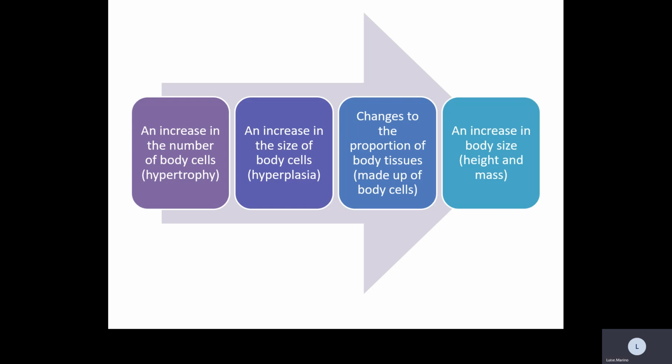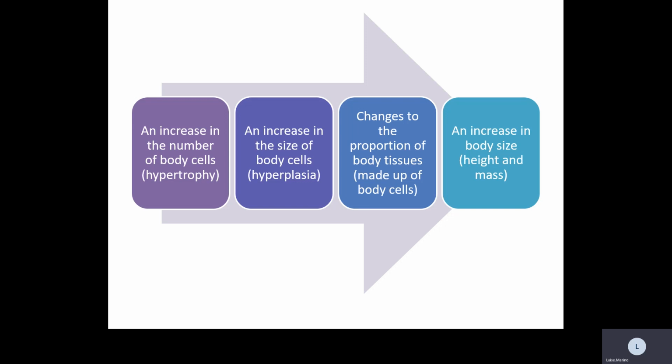So macro and micronutrients obviously end up with the increase in the size of body cells. So that's known as hypertrophy. Particularly children obviously undergo hypertrophy from infancy through to adulthood. And they also have an increase in the number of body cells, so there's hyperplasia.